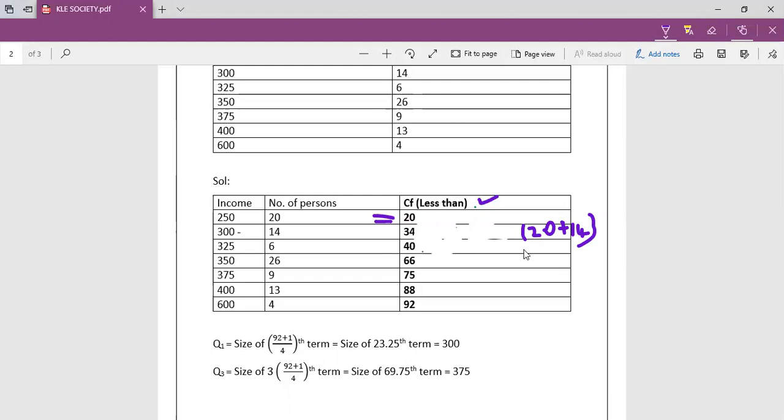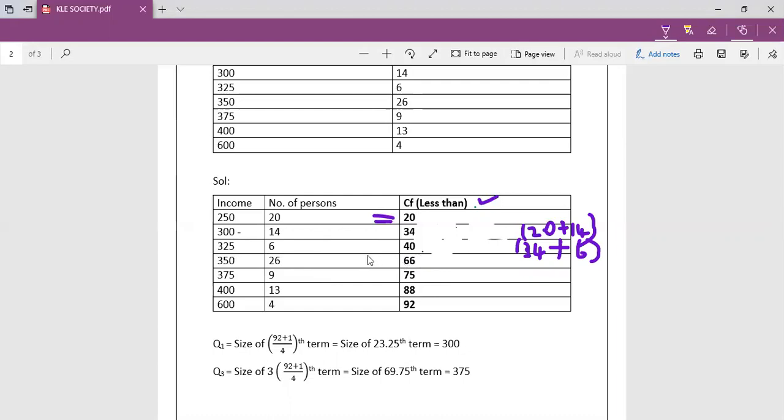For the next cumulative frequency value, you will add 34 plus 6. 34 is the cumulative frequency value of the preceding size and the frequency value of the current size is 6. So both when added, you're going to get your cumulative frequency, which is 40.